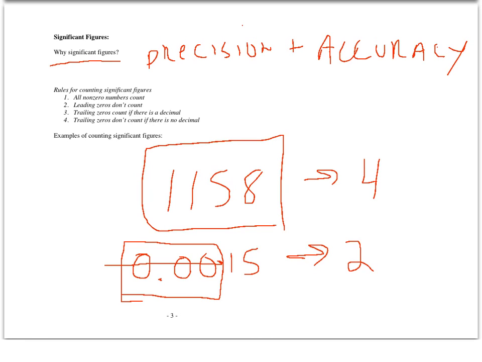Now, when I go on to 3, trailing zeros count if there is a decimal.